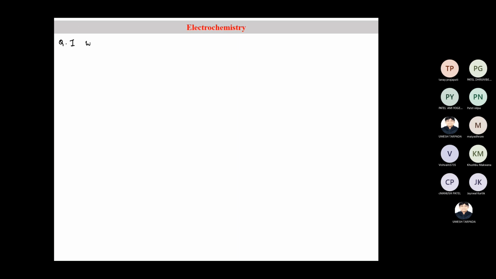Which one of the following is the correct Nernst equation for a redox reaction? Now you tell me the correct answer.